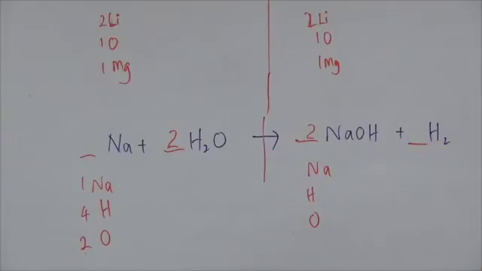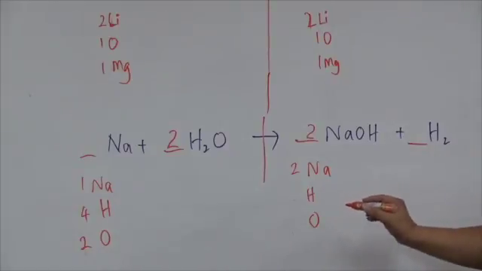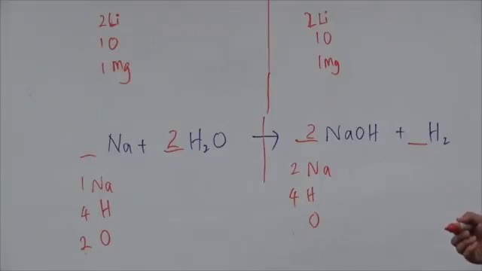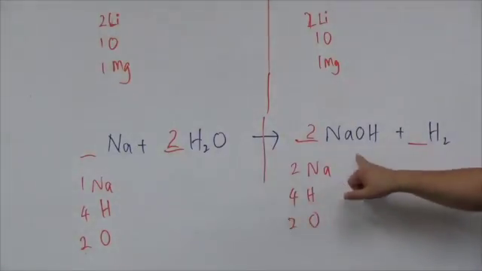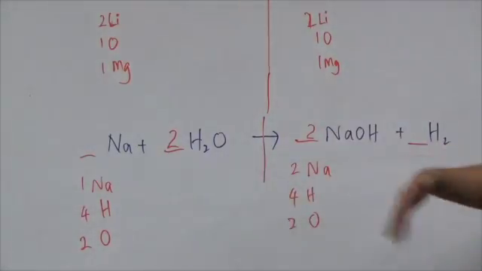So Chester, how many sodium are here now? 2. Okay. How many hydrogens are here altogether? 2 for this side, and how many hydrogens? So together is how many? 4. Then how many oxygen? You should be very relieved if you realize that the oxygen inside the compound is already balanced, because the elements can be balanced very easily.